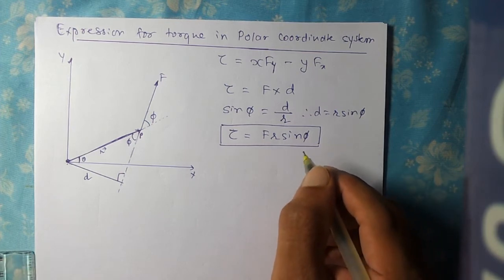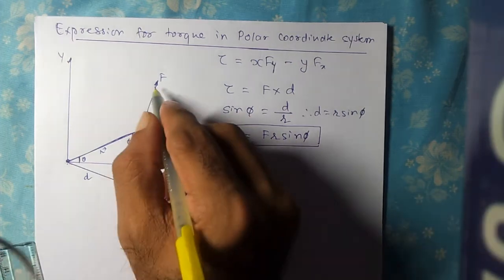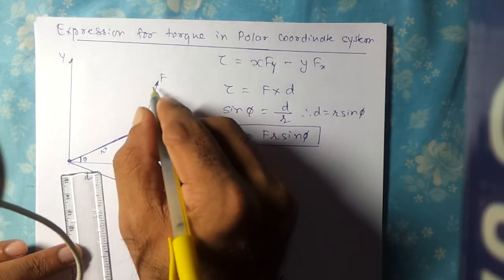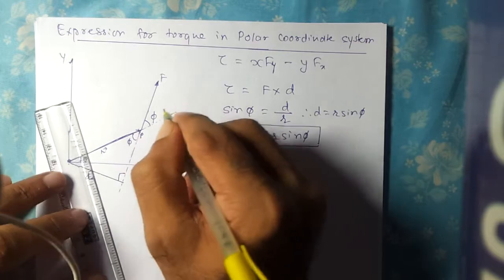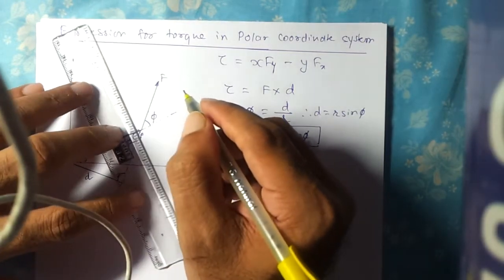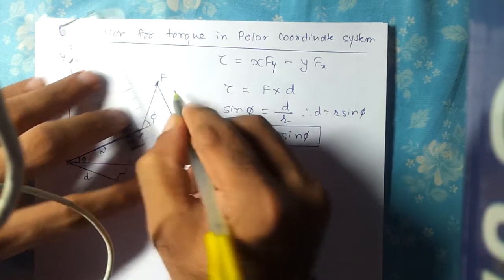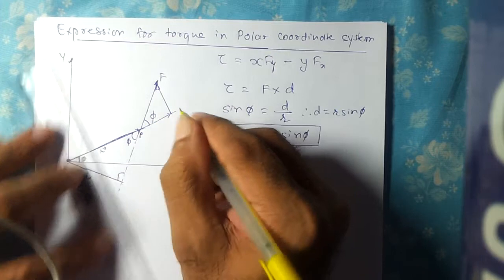And there is another way of looking at this particular derivation or equation, and that is we can have two components of the force, right? So I'll try to get those two components. So let us say these are the two components of the force. One component is this, right? And this is the other component, right?